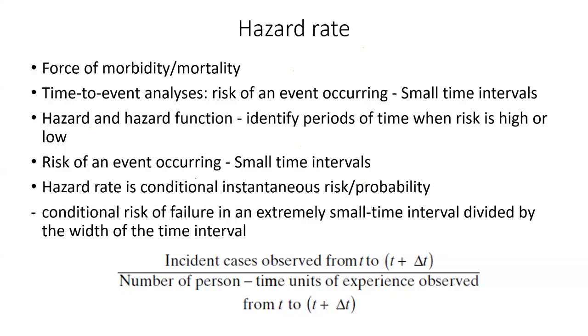And the denominator is the number of persons who are free of the outcome at the beginning of that particular minute, and in whom the outcome can occur at the beginning of that small time period. So what you do is you have a long period of follow-up, you split it up into small intervals, and in each interval of time, you find out the risk of the event occurring. That is known as the hazard.